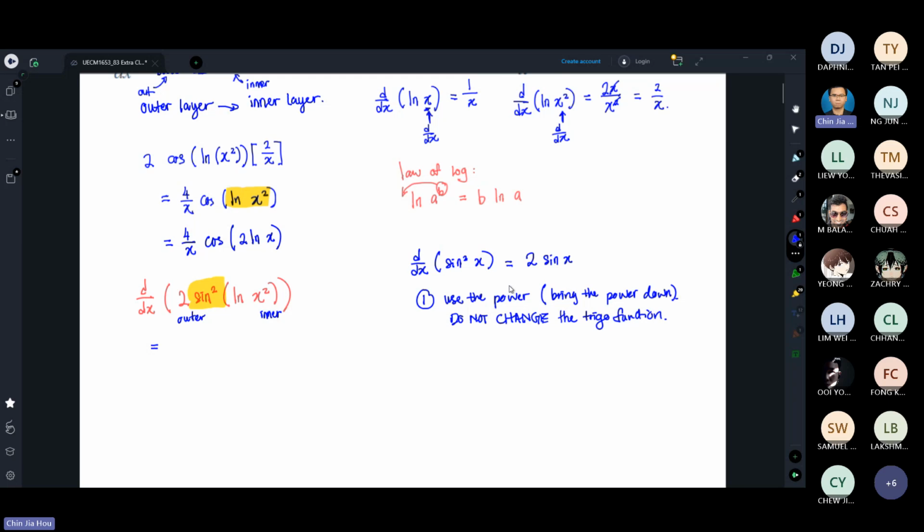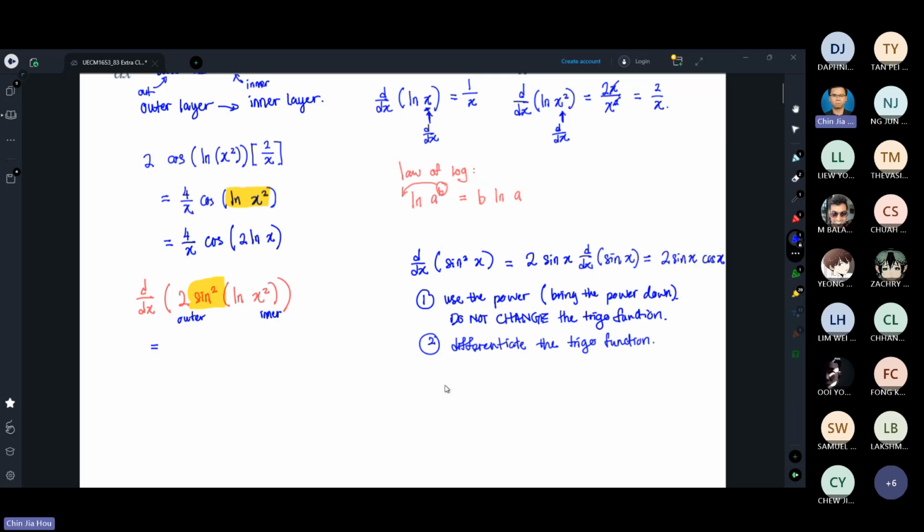In fact, the second step is to differentiate the trigo function. Meaning that after we have 2 sine x, then we differentiate sine x. In the end, we get 2 sine x cos x.